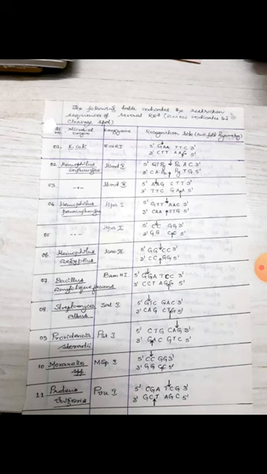EcoR1 is extracted from the bacterium Escherichia coli and the recognition site is GAA-TTC. That means in a DNA molecule where you get the sequence GAA and TTC, that site happens to be the recognition site for the enzyme EcoR1.